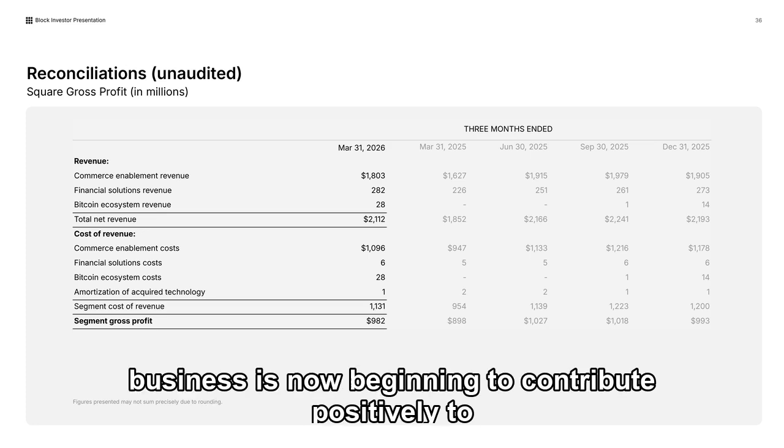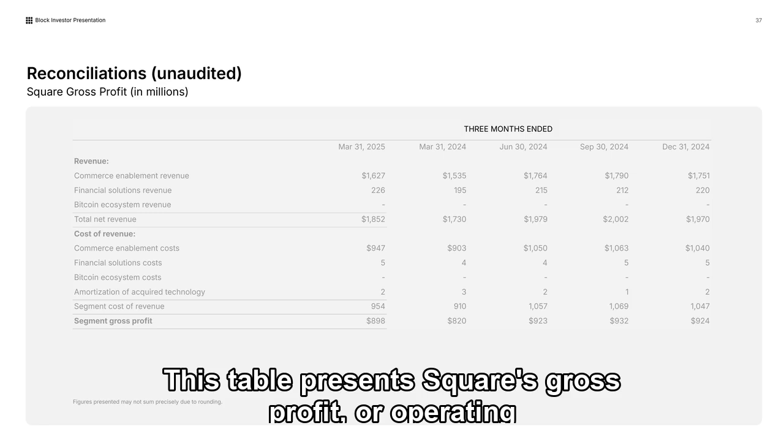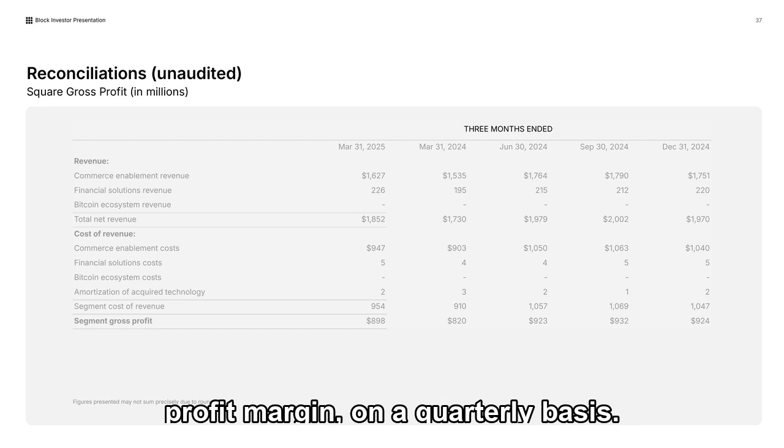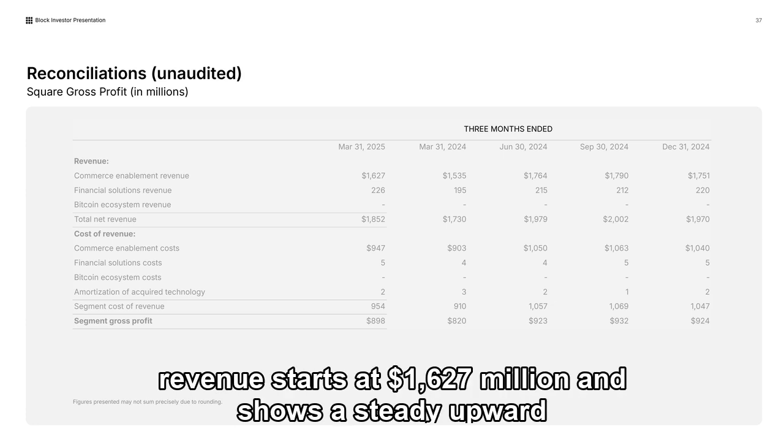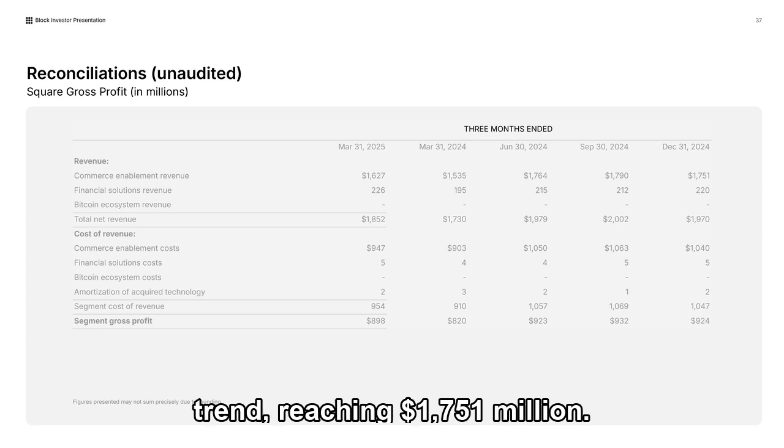This table presents Square's gross profit, or operating profit margin, on a quarterly basis. Looking first at the revenue segments, commerce enablement revenue starts at $1,627 million and shows a steady upward trend, reaching $1,751 million.